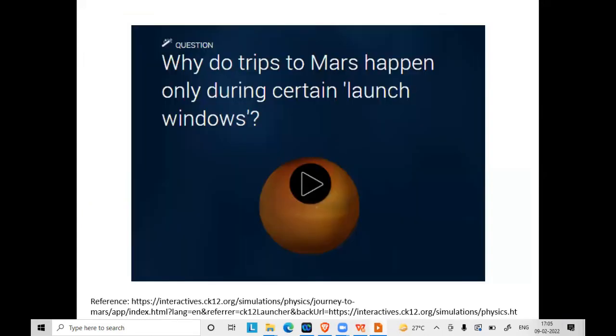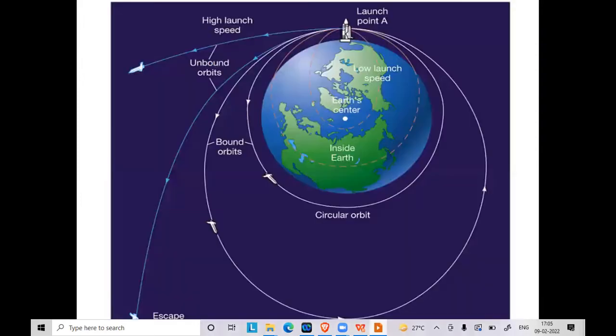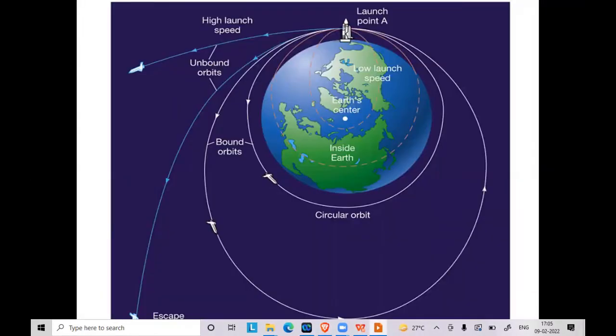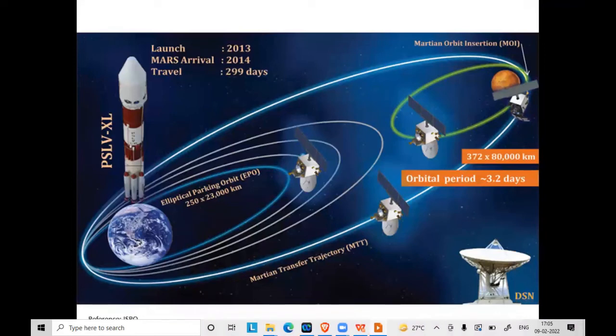There is actually a launch window for launching missions to Mars. Before going into that, I think I'll skip this slide on the nature of orbits. I think you all know, and you can also study it since we have less time. So why do we have a specific launch window for such interplanetary missions?